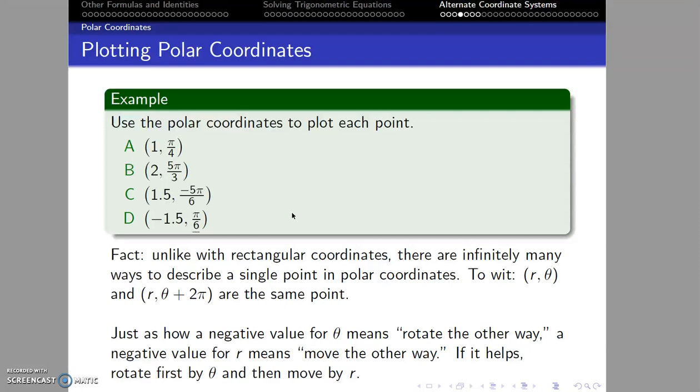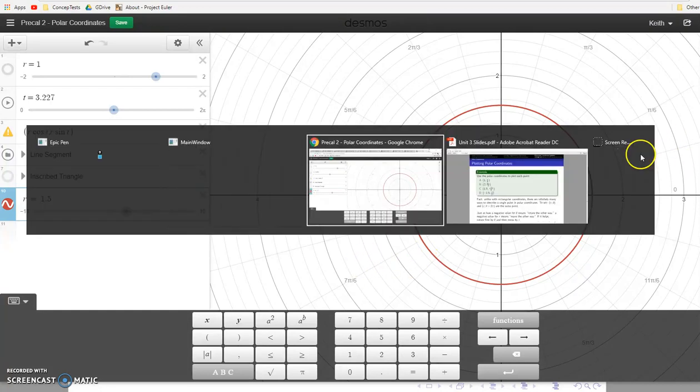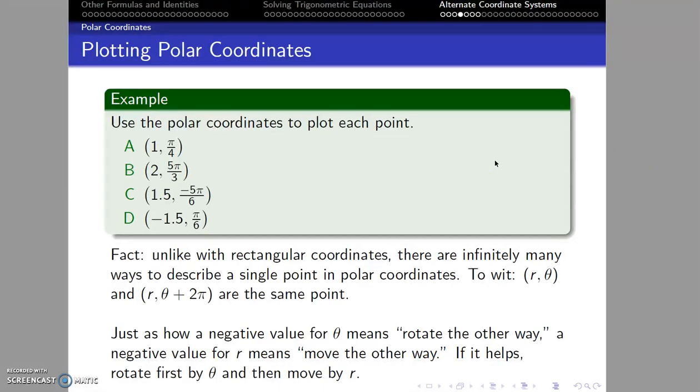But we see now also a couple of other things, not the least of which being there's infinitely many ways to describe the same point. Whereas before, this spot right here, whatever it was in rectangular coordinates, we now have infinitely many ways to describe it with polar coordinates. And that's fine, and actually going to be very useful for us when we get into polar functions.